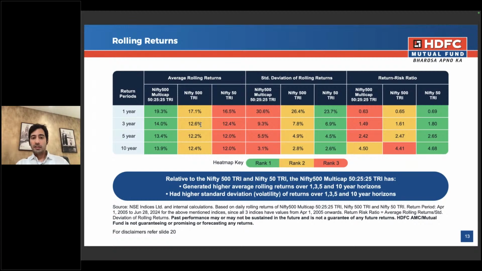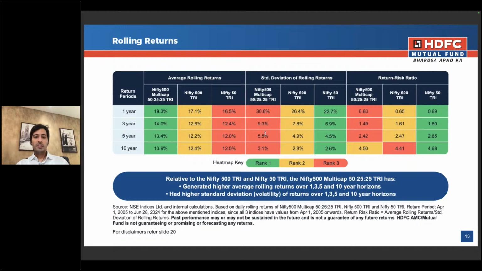But one thing you have to remember is that those higher returns have come with higher volatility as well. तो बीच वाले कॉलम में अगर आप देखेंगे, same 3 year period में multi-cap का standard deviation 9.3% रहा है, but 500 का 7.8% है. So that means कि आपको on average higher return मिला है, but it has also come with higher risk. So that's why this is an important slide and point to make कि because mid small का weight ज्यादा है, volatility भी ज्यादा रहा है. So please ensure that you have that higher risk tolerance before considering to invest in this product, right?